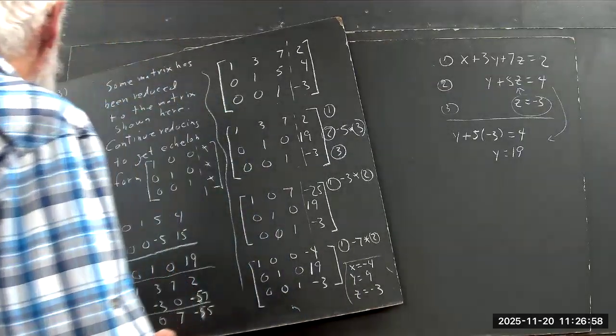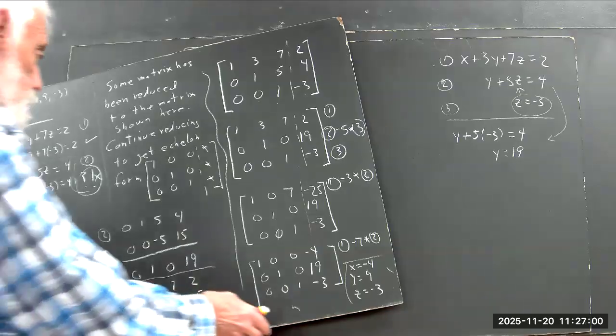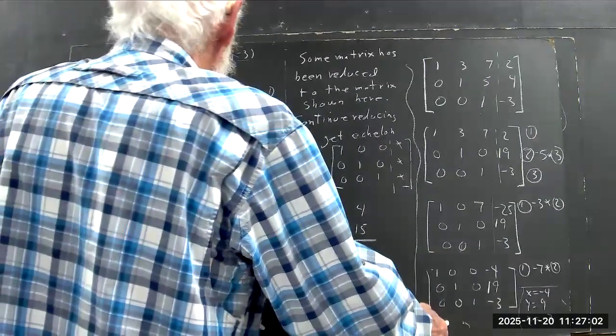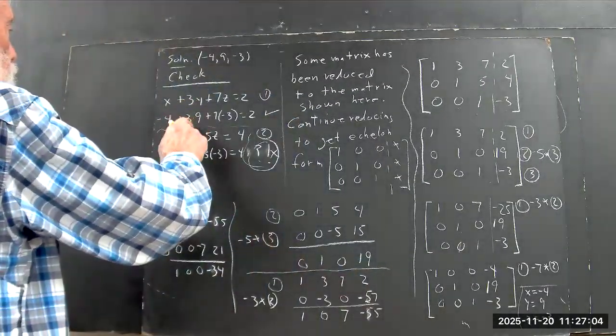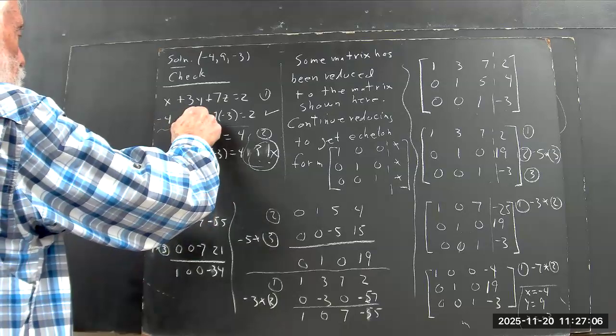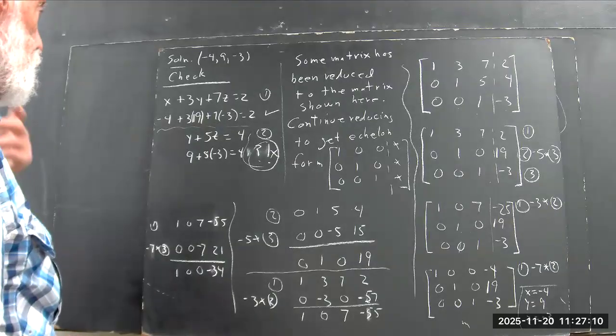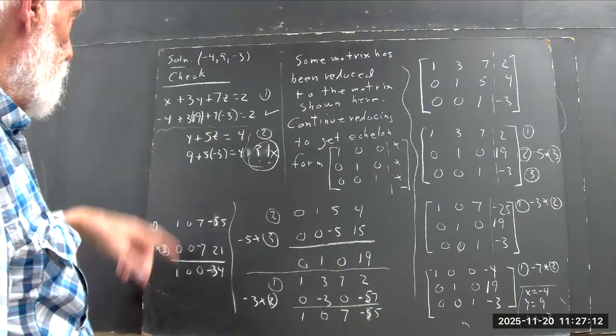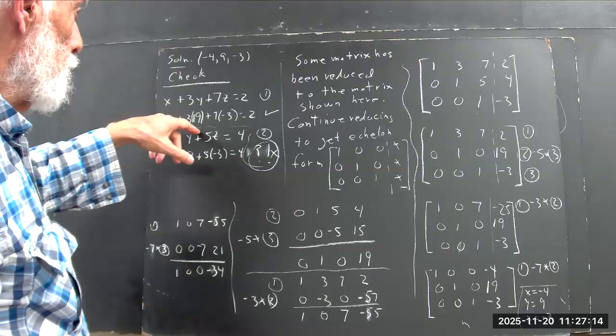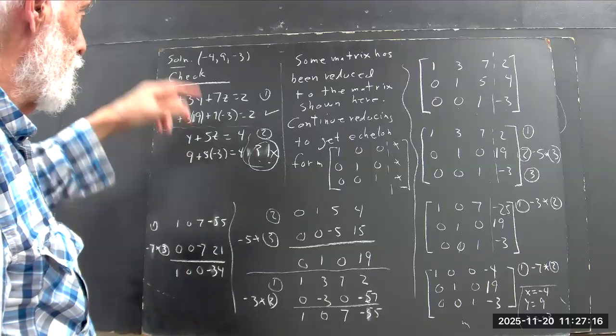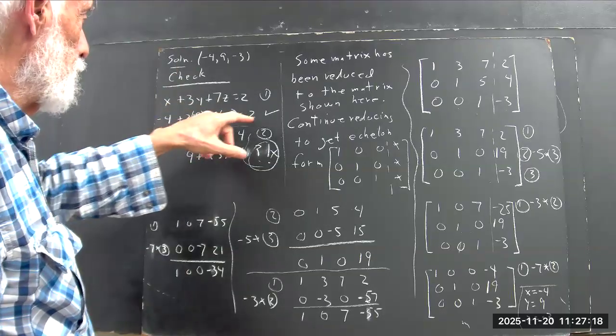Okay, wait a minute. y was 19. 3 times 19 is 57. So I've got negative 34 plus 57 is 23. Minus 21 gives me 2.